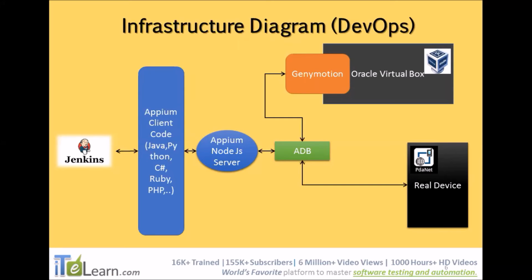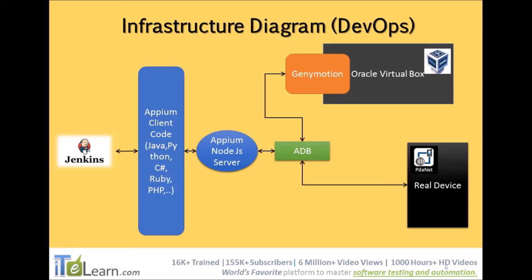If you see a client, Appium client code is the next component. So this is nothing but the scripts that you have written, the test automation scripts, which actually will be communicating with the Appium server.